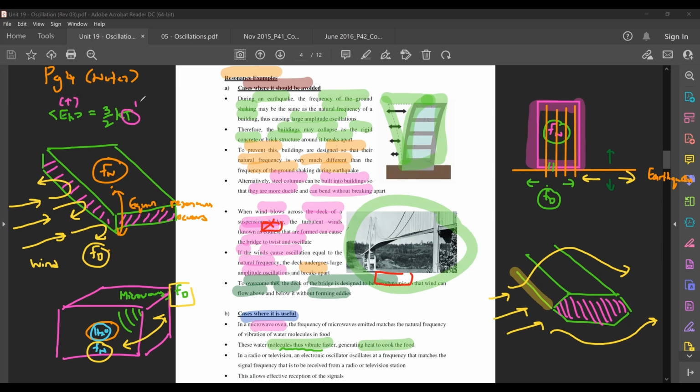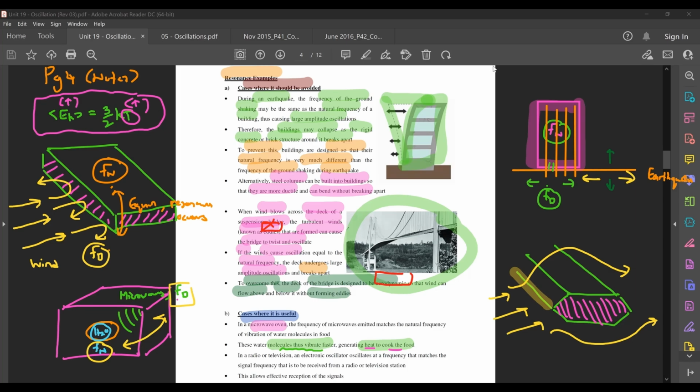This in turn causes your temperature to increase. So you now have heat to cook your food. Okay, it's related to what you learned in ideal gas. This equation is from your ideal gas chapter. So when driving frequency equals natural frequency, your water molecules vibrate faster, and you have heat generated to cook your food. So that's for this.